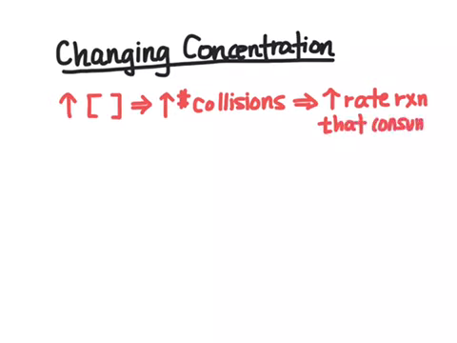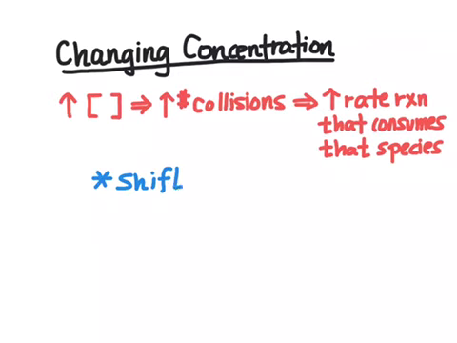So if we increase the concentration of a reactant, we're going to increase the number of collisions between reactants. We're going to increase the rate of our forward reaction, which uses up that species. What that's going to do is cause a shift. So it's going to shift away from the added species. So if we add reactant, it will shift right. If we add product, it will shift left.